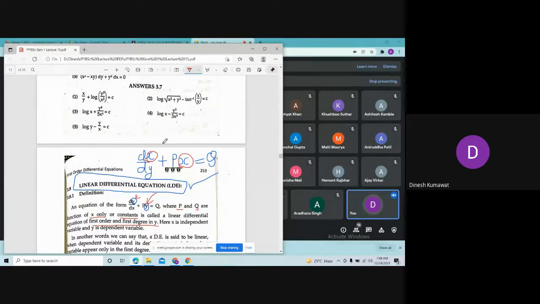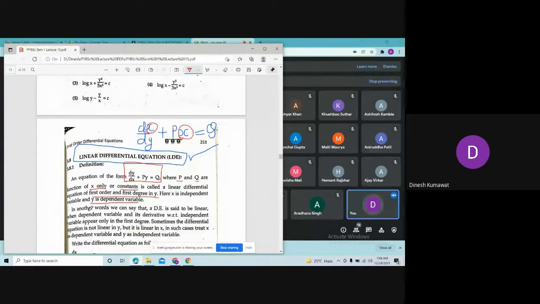You can see in this equation the order and the degree of this differential equation is nothing but 1, which means this is linear. Here x is independent variable. Remember, in this equation x is independent variable and y is dependent variable.